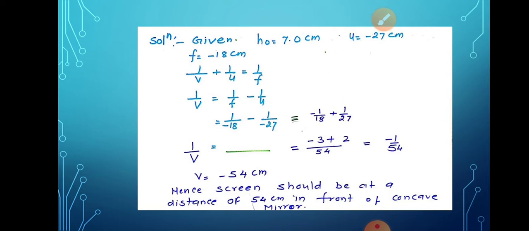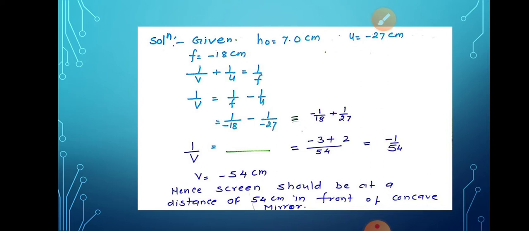1 upon v is minus 1 upon 18 plus 1 upon 27. LCM is 54. 18 3s are 54, so minus 3 plus 2 over 54. So minus 1 upon 54. v equal to minus 54 centimeter.